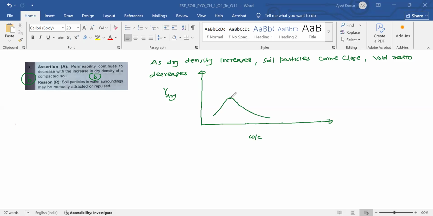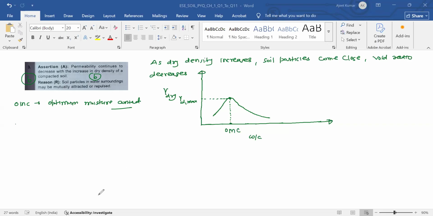So here at this moisture content, this moisture content is called optimum moisture content, OMC, at which the dry density will be maximum. This is gamma d max.